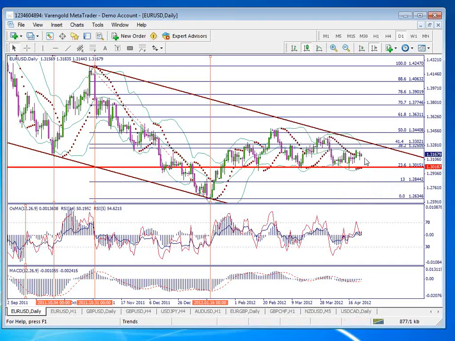If the French economy will grow slower, I think that probably the euro will make that retracement for the waves ABC, and probably will look in the down direction.